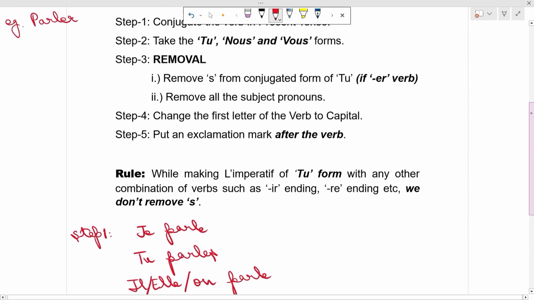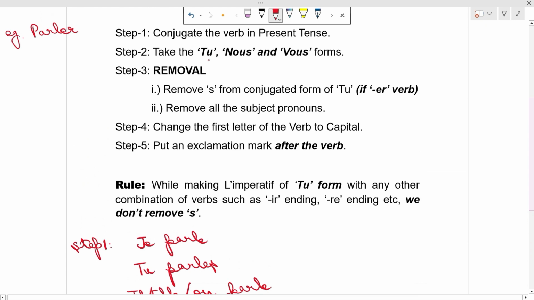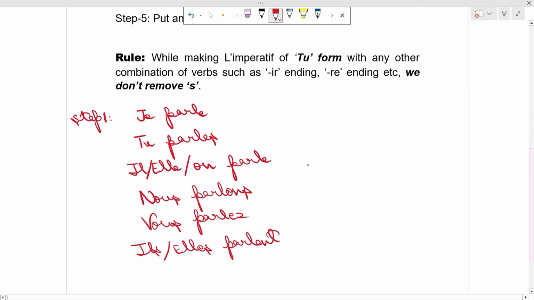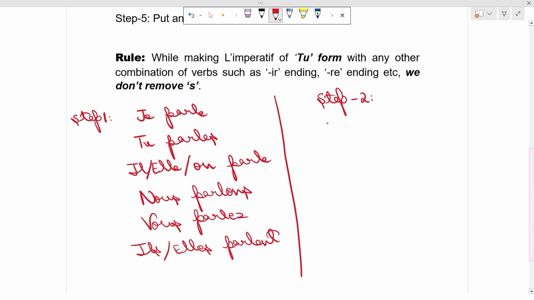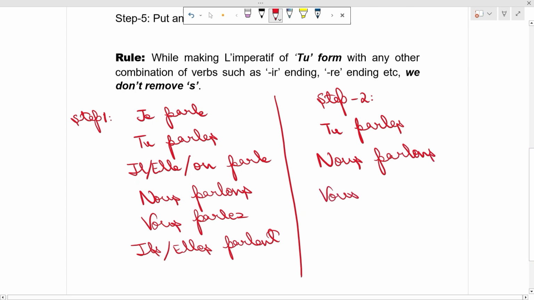Now the second step is to take the tu, nous and vous forms. So we will simply take the tu form, that is tu parles, nous parlons, and vous parlez.